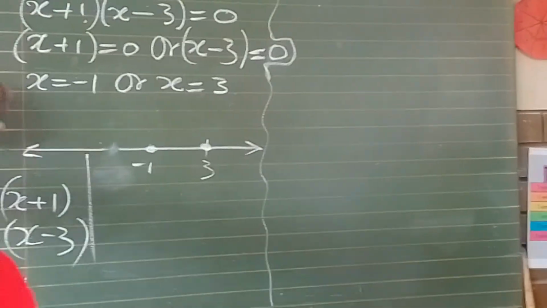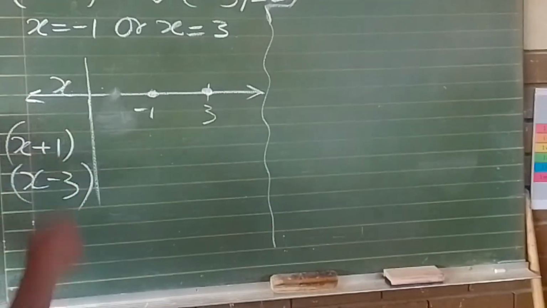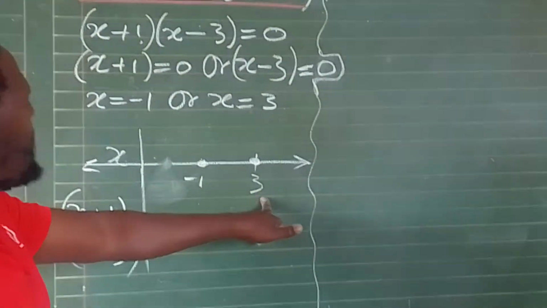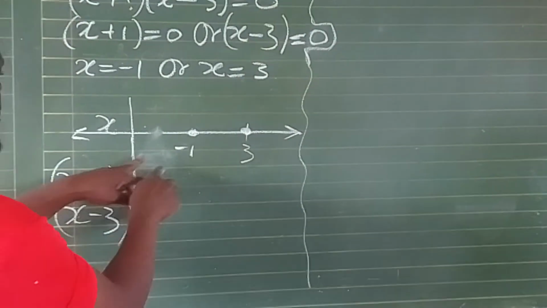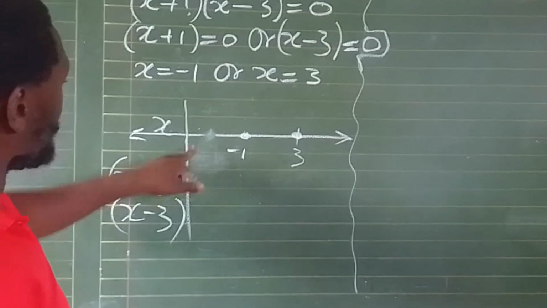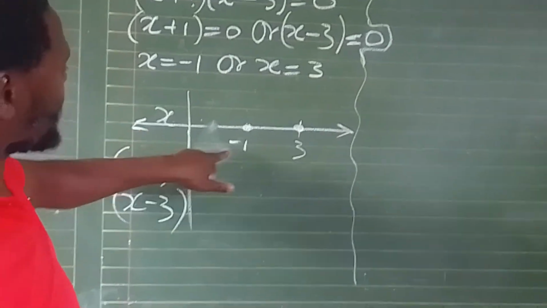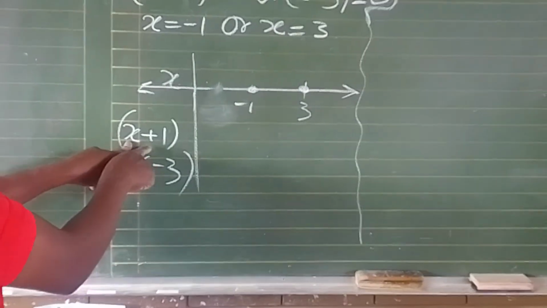We put the value of x right here. x is -1 and +3. Then you take any number just before -1, which is -2. You put a -2 here.